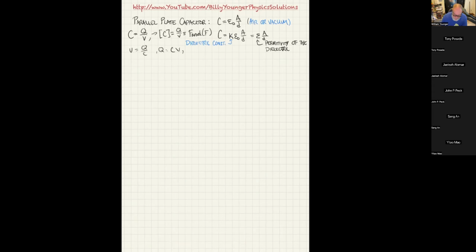I'll also tell you that when you have a capacitor charged up, then there's a certain amount of energy the capacitor has, and we call it a potential energy, so it's a U. The formula I'm most familiar with, or the one I remember easiest, is 1/2 CV squared, because that one reminds me of the kinetic energy, but it also reminds me of the potential energy of a spring, where the spring will be 1/2 kx squared.